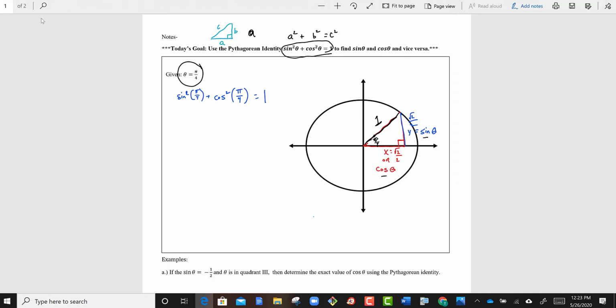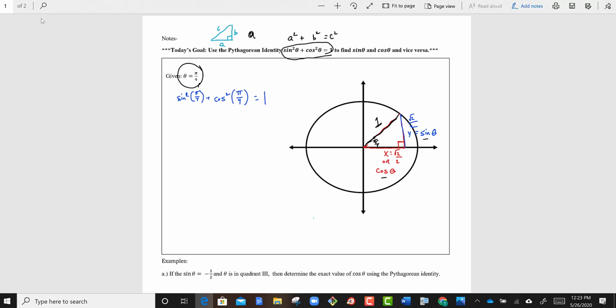Sometimes the notation can be a little confusing about where they put this pi over 4, but basically they're saying, okay, what is the y coordinate at pi over 4? The y coordinate at pi over 4 is radical 2 over 2, but then we have to remember to square it afterward.